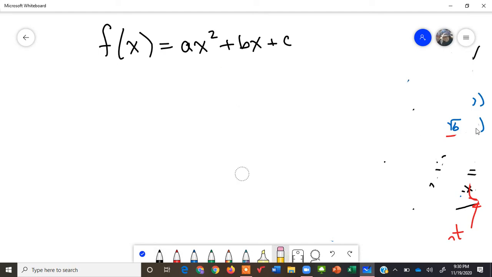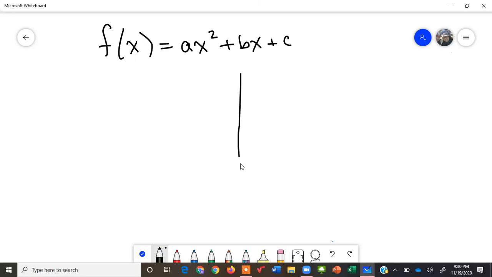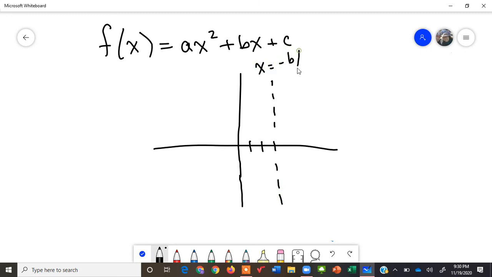Let's clean this up. Let's try to draw this. All right, so our axis of symmetry is x equals negative b over 2a. This one I'll draw opening up.